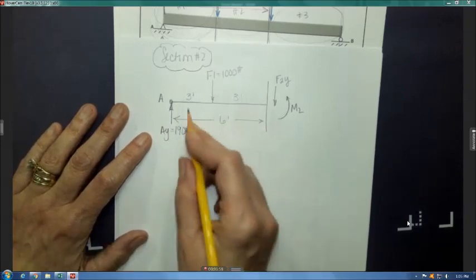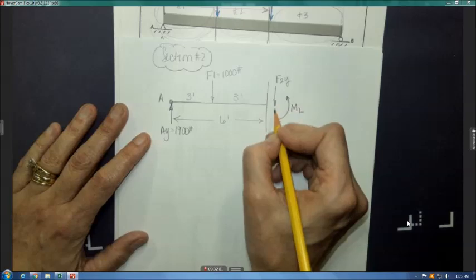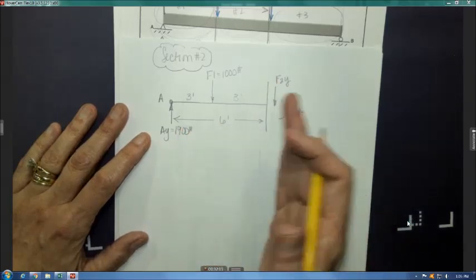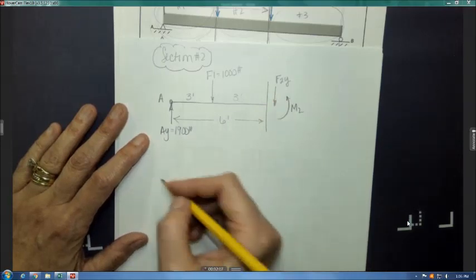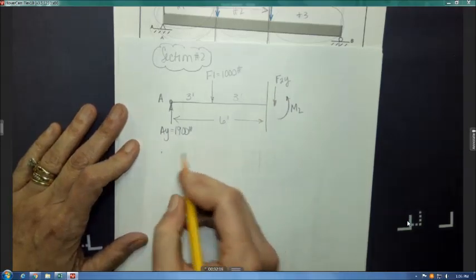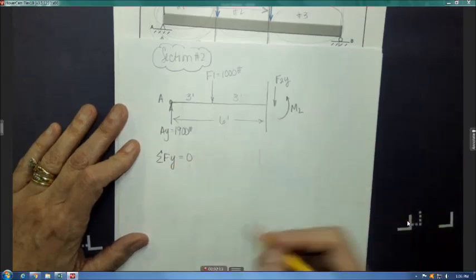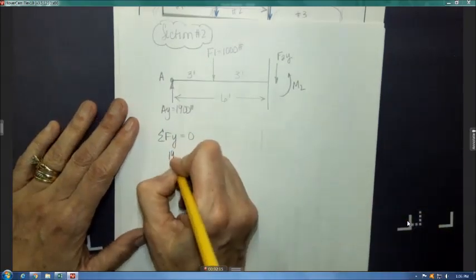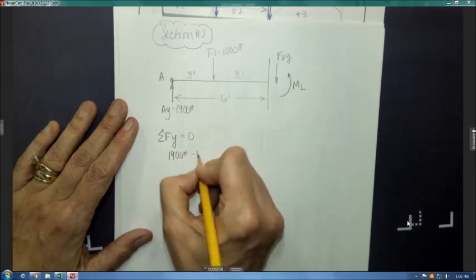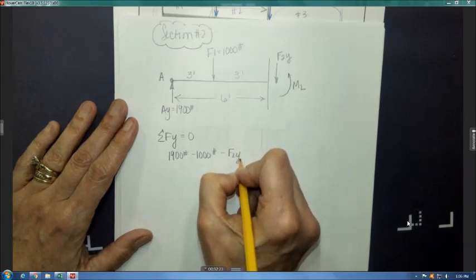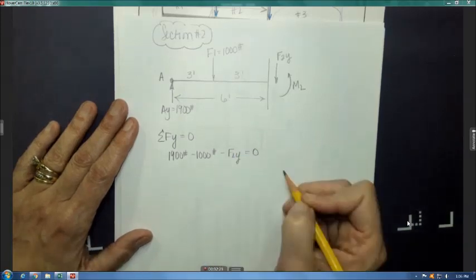So let's get the values for what my shear and moment would be at that 6-foot section right before the application of the 3,000 pound force. So I'm going to sum my forces in the y direction equal to 0. I've got a positive 1,900, got a negative 1,000, and I've got a negative F2y equal to 0.